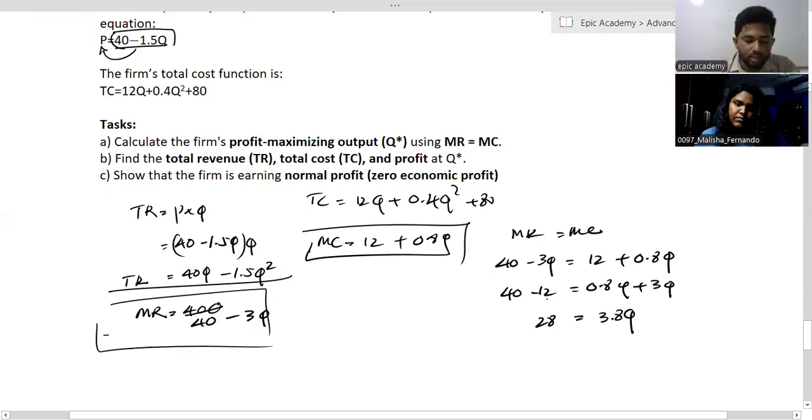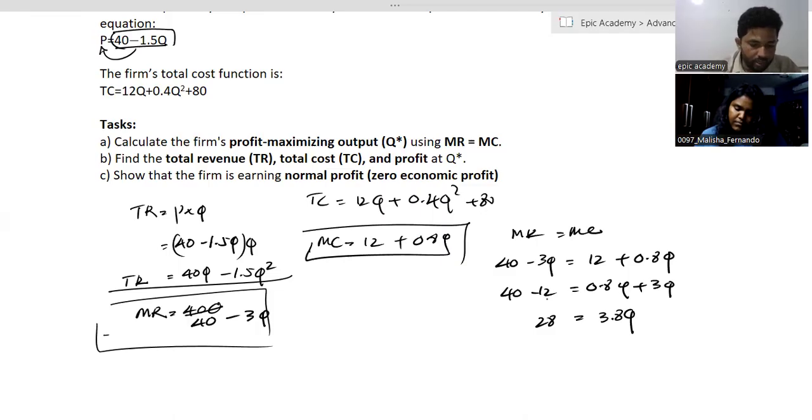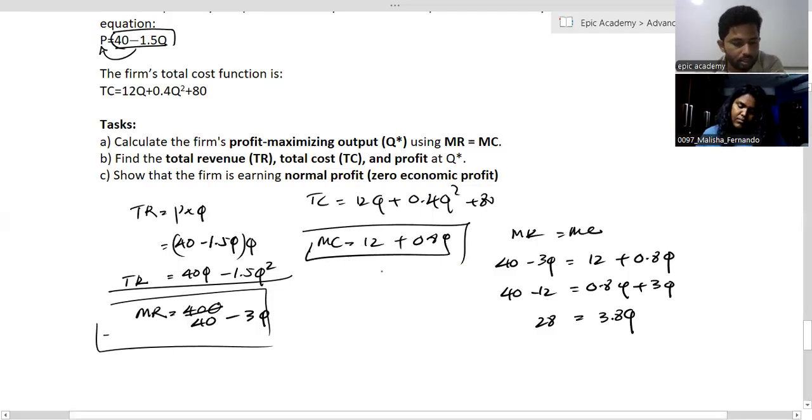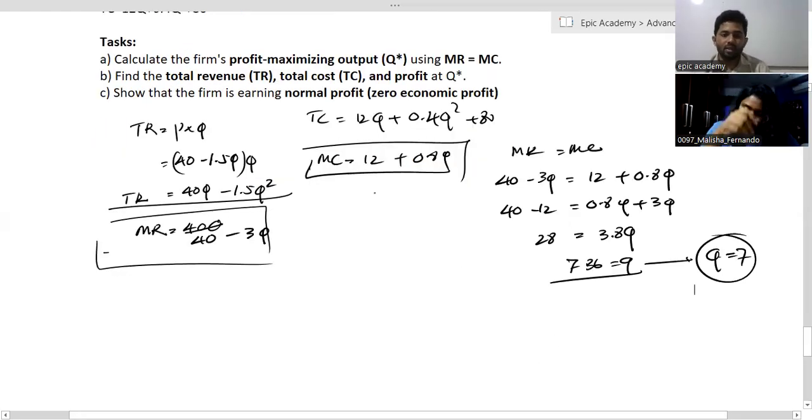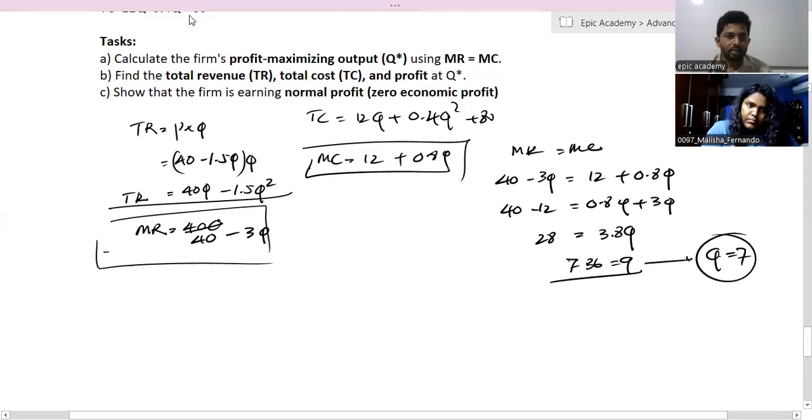So 28 divided by 3.8, isn't it? 7.36 equal to Q. Just take it as 7. Q equal to 7. Now you can calculate the TR and TC.